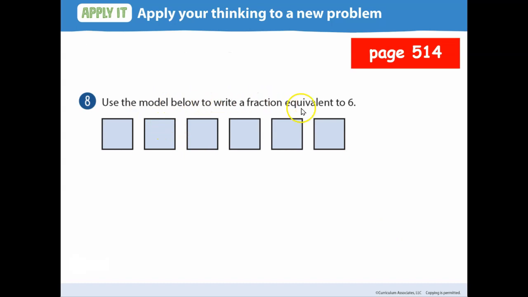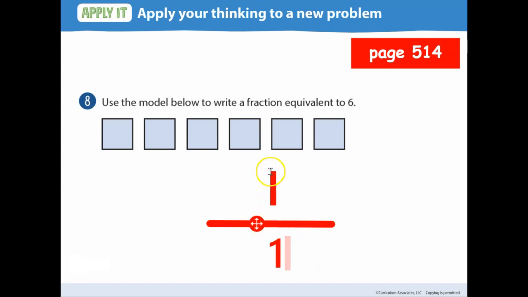Says use the model below to write a fraction equivalent to 6. Do that for me. Go. A whole number is represented as a fraction with a denominator of what? 1. That means, what's my denominator? 1.